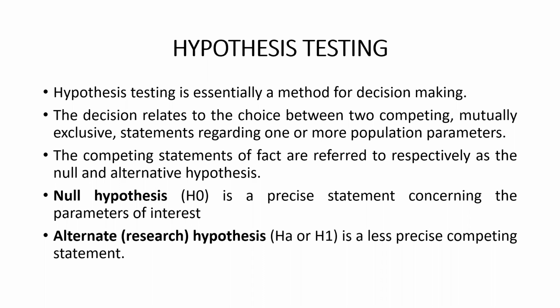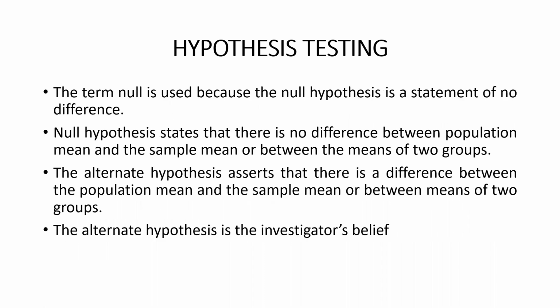So the null hypothesis is a precise statement, while the alternate hypothesis is a less precise competing statement. The null hypothesis is a statement of no difference or no association, while the alternate hypothesis asserts that there is a difference or there is an association. Usually, what we want to know is, is there a difference?